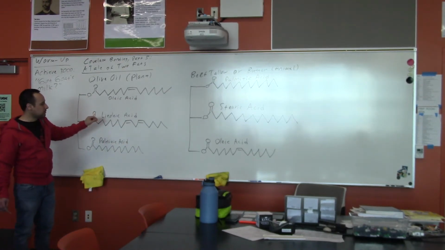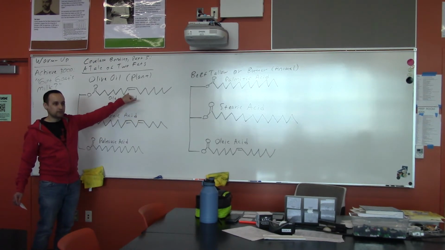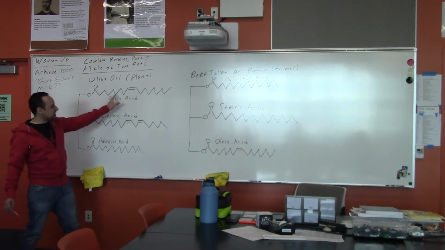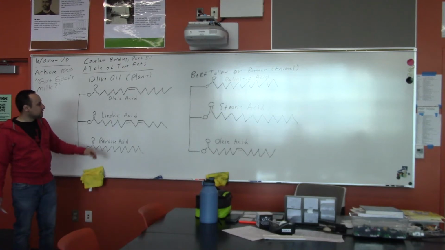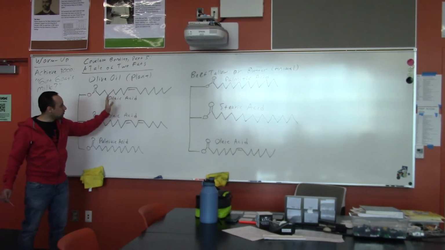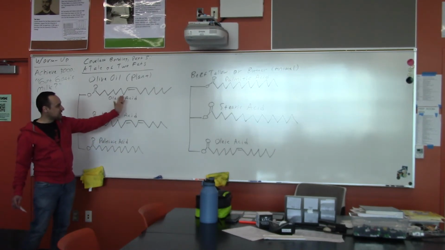It turns out that these double bonds here and here don't actually allow these chains to be as straight as they're drawn. So these chains don't actually in real life look like I'm drawing them here. Chemists need to approximate sometimes.